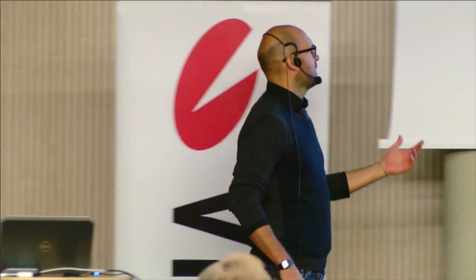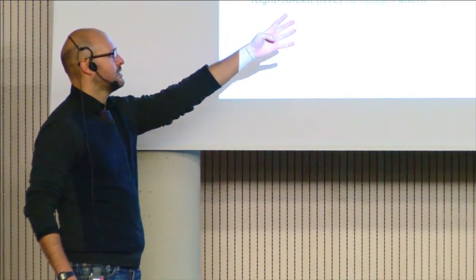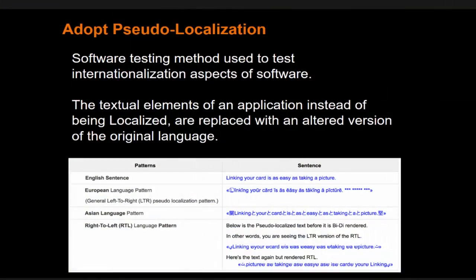So for English US, I have "Linking your card is as easy as taking a picture." In the pseudo-localized package, my content will be like this. So this allows me to read the content easily, but it's quite a bit longer, so I can check the text expansion, and we are even using special characters to see if we can have encoding problems and so on.